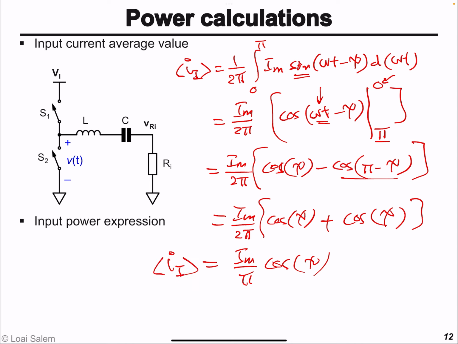Now we can find the input power Pi as the input voltage, DC input voltage Vi, times the average value of the input current, which is going to be equal to Vi times Im over pi cosine epsilon.